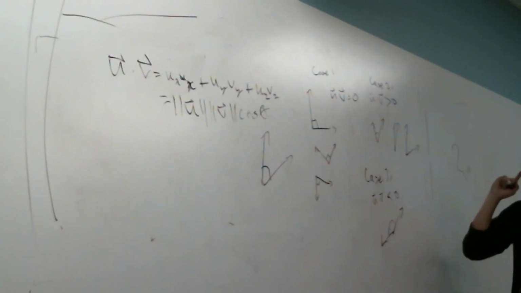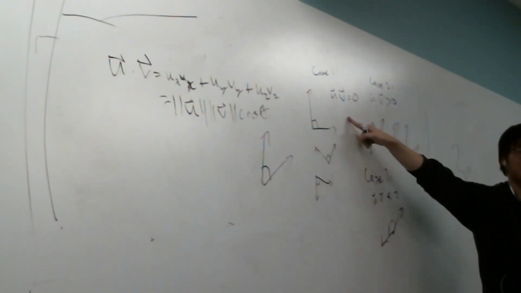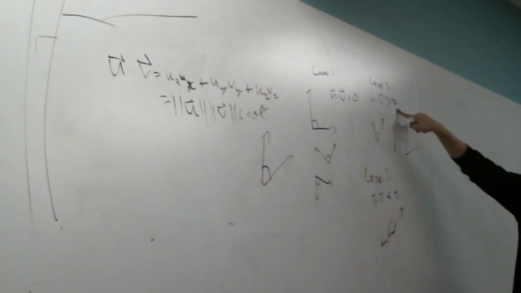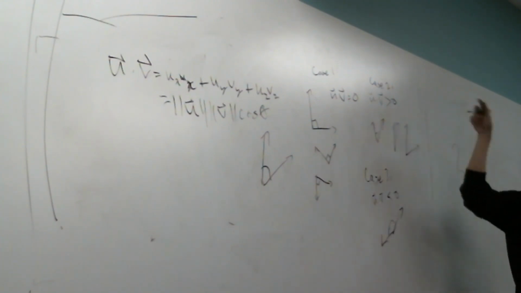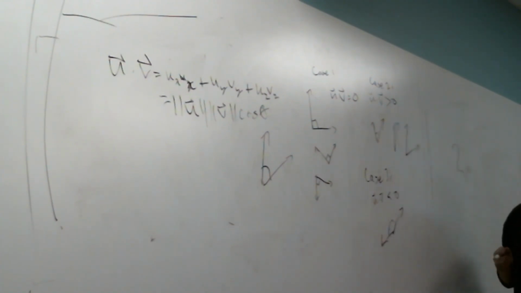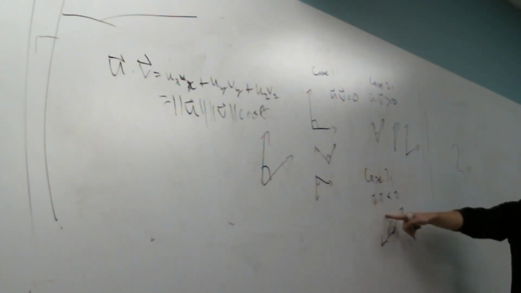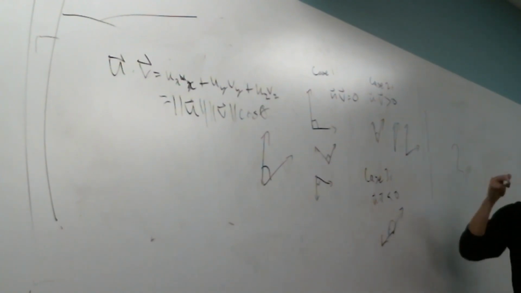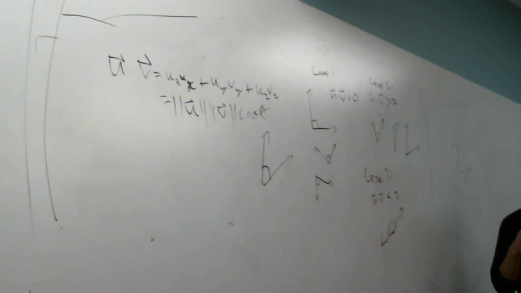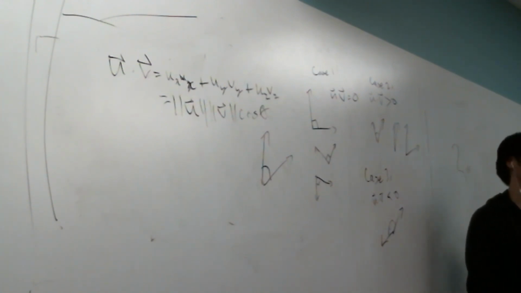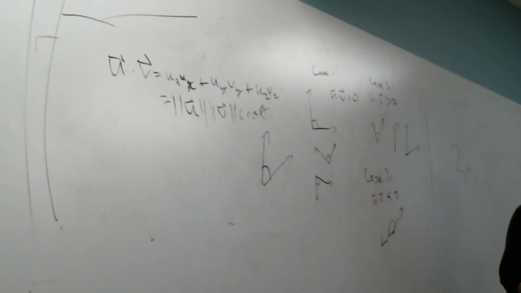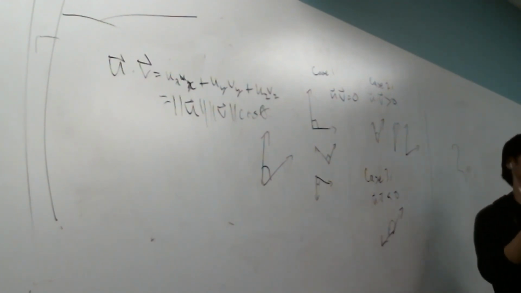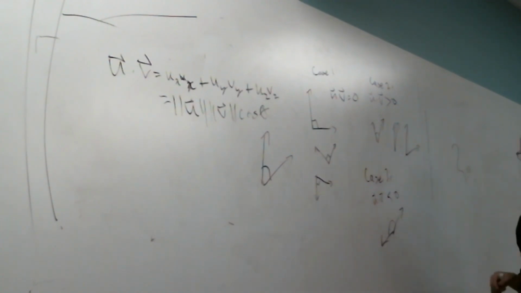So the dot product is 0 when it's orthogonal, greater than 0 when they're looking in the same direction, and negative when they're looking the other way, like if they're obtuse. You can see the dot product as comparing how closely those vectors are looking in the same direction.